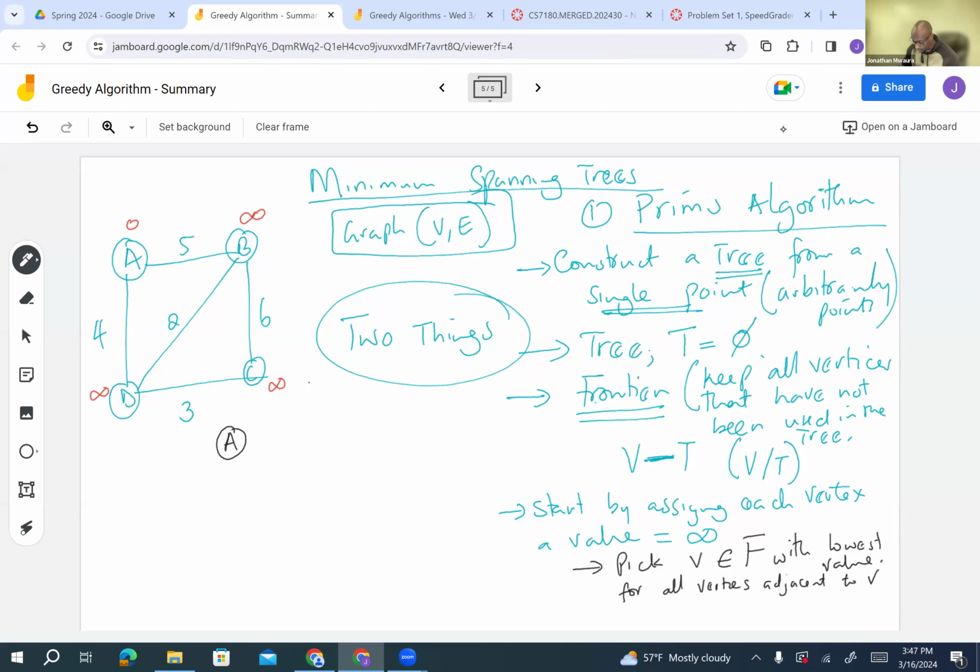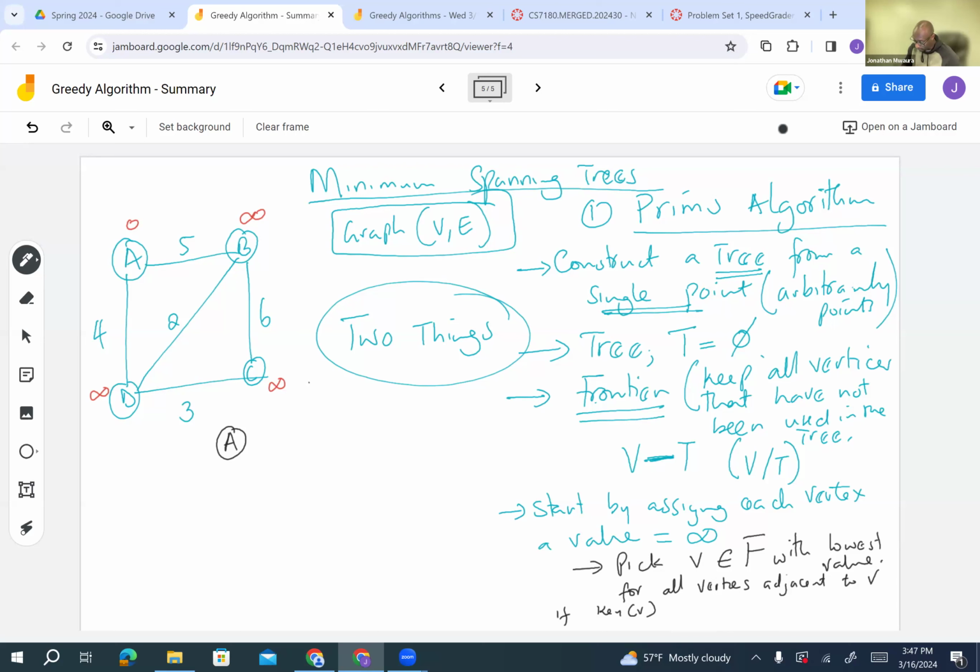We're going to calculate like this. We started by assigning each vertex a key of infinity. So we're saying pick V in F with the lowest value.